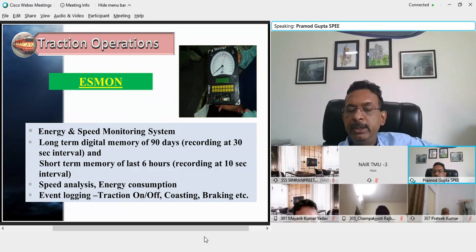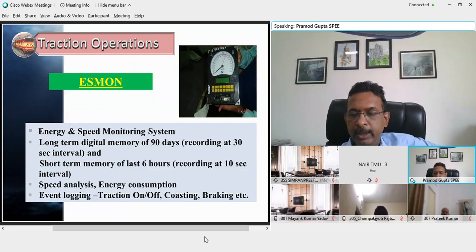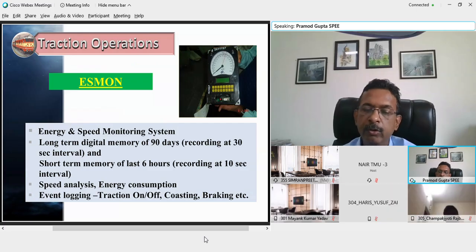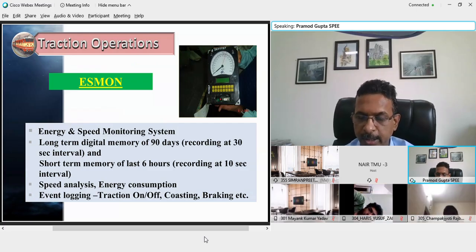The energy consumption is also getting recorded for a particular train, especially for the Mail Express trains. We know the maximum speed which it can attain in a section. We also know the load which is going to be there on an average basis in that train.